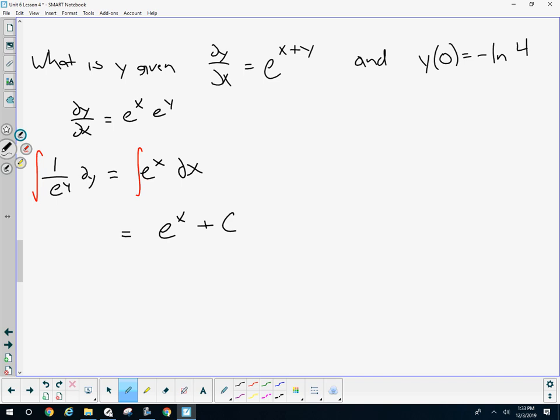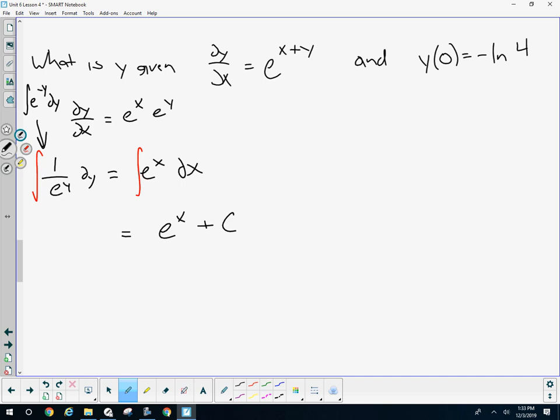A lot of people think that because it's like y to the first in the denominator. But it's e to a power. Negative e to the negative y is correct. Why, Miss Young? What did you do first? E to the negative y. Yes. Instead of 1 over e to the y, rewrite it as e to the negative y.